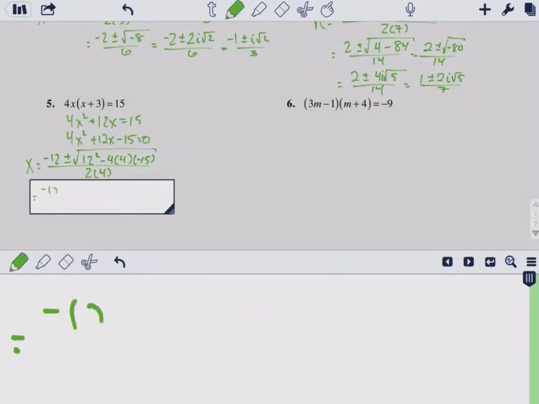Okay, so I get negative 12 plus or minus the square root of 144. We're going to have two negatives, the next positive. 4 times 15 is 60. 60 times 4 is 240.